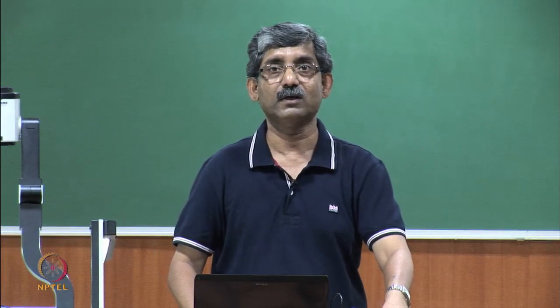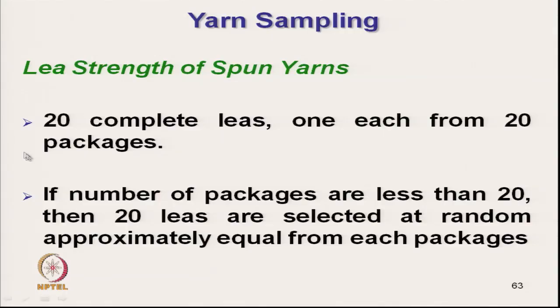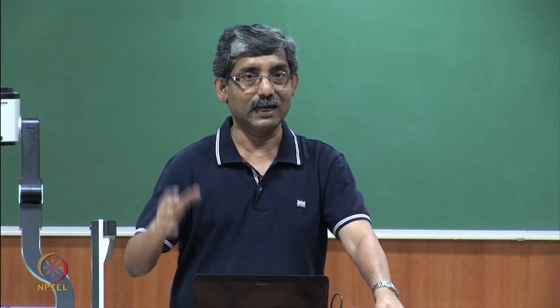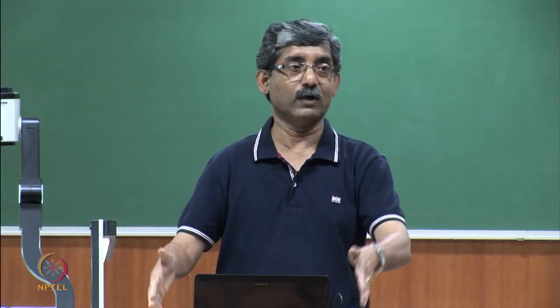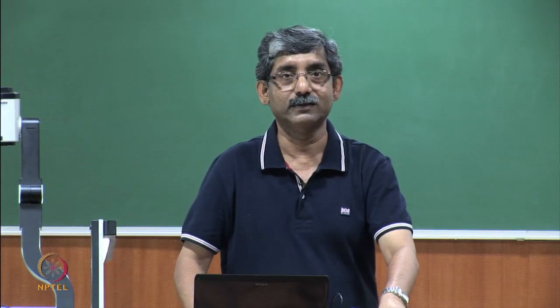That is why from 1 package 1 lea is enough. If the number of packages is less than 20, then 20 leas are selected at random, approximately equal from each package. Suppose we have, say, 10 packages. In that case we can take 2 leas per package, so ultimately we have 20 leas.